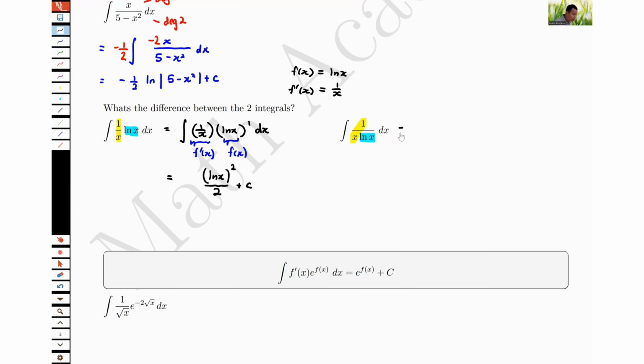For you to see the second one clearly, I would like to do a rearrangement. We will treat this as like it's 1 over x times 1 over ln x first. Let's do a split up as a multiplication. Multiply 1 over ln x is the same as you divide ln x. But in order for you to see the integration, I am going to combine them to one term.